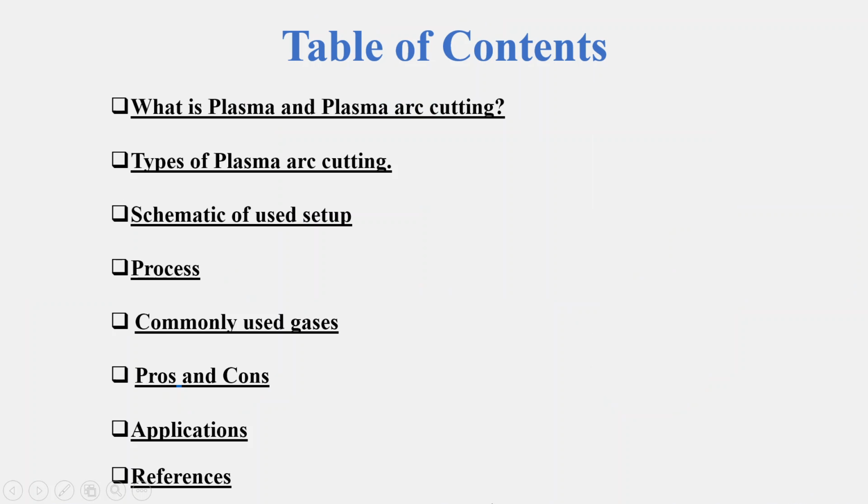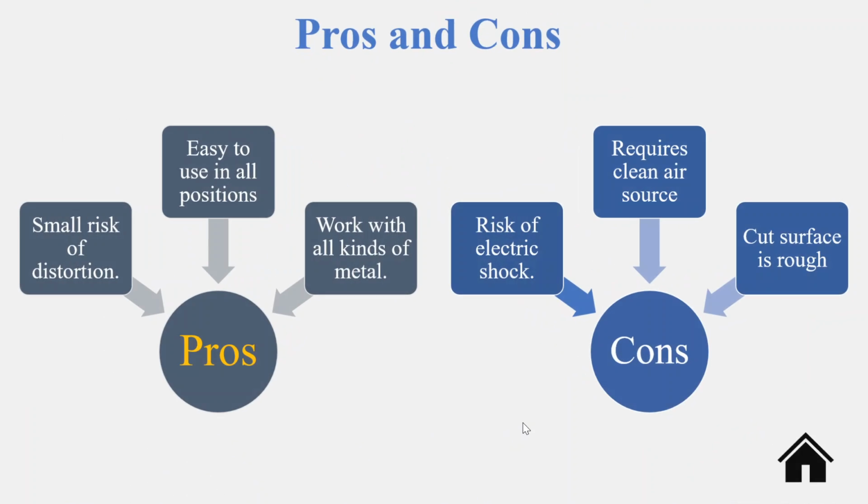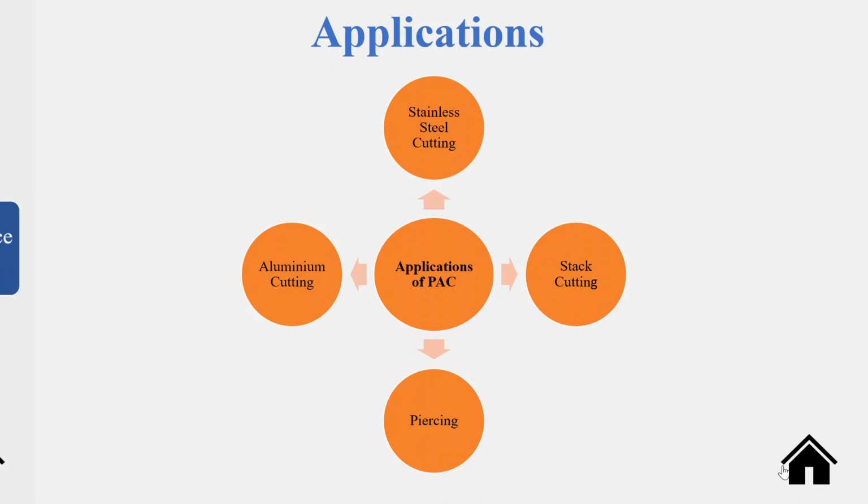So moving back, we will see what are the applications of this process. First, as I have mentioned, this is a non-conventional cutting process and commonly used, so it must have applications. And I've already mentioned that this process is very common for cutting of metals. We can see it can be used to cut stainless steel, which is believed to be a very hard metal, prepared with a blend of different kinds of metals.